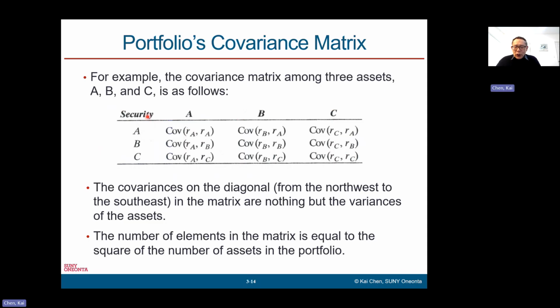First of all, as we go down the diagonal of the matrix from the extreme northwest corner to the extreme southeast corner, we're looking at the covariance between the column asset and the row asset. In this case, the column asset is the same as the row asset.